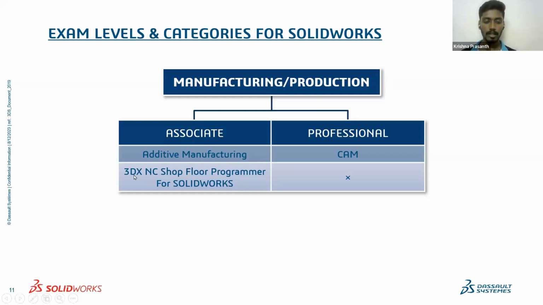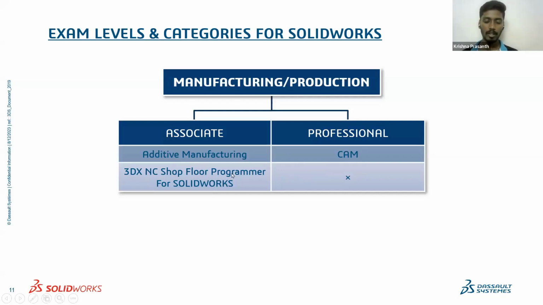So next is the 3D Experience NC Shop Floor Programmer for service. For creating the programming, the G codes and M codes, with SolidWorks, the 3D Experience platform has the ability to do it like Delmia. So the Delmia software has the ability to do that, and with this software, we can create the G codes and M codes for the manufacturing of each of the products we have designed.